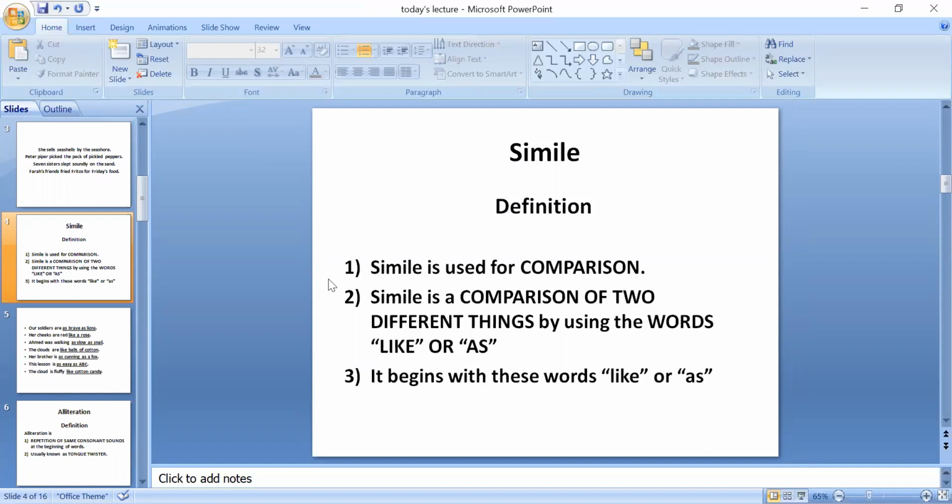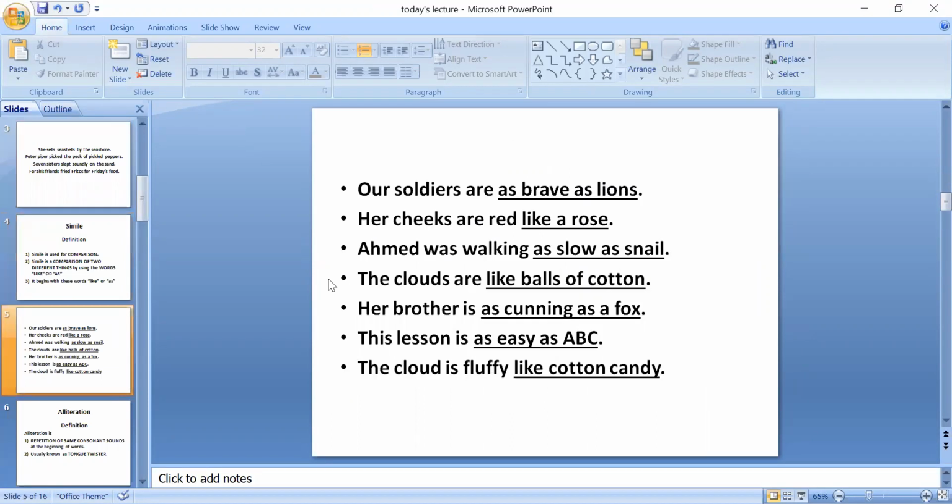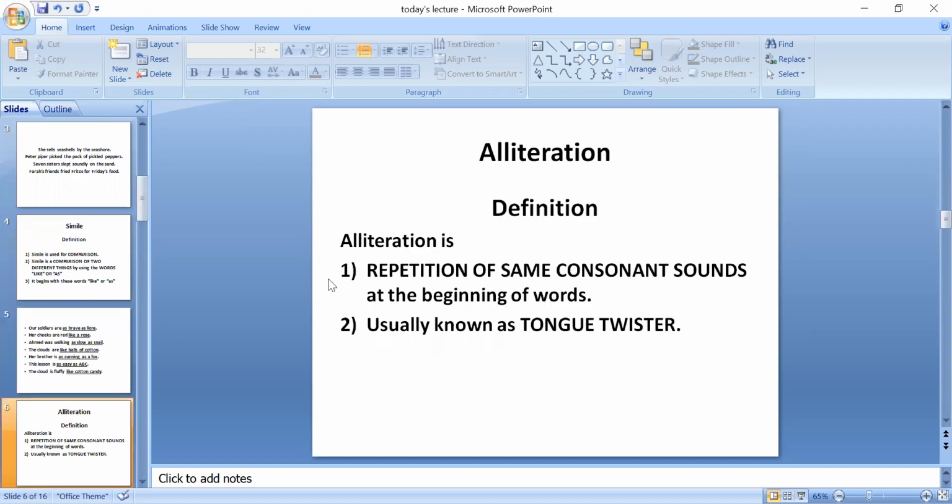I told you that simile is used for comparison. We compare two different things, as soldiers and lions. These are two different things. Cheeks and rose, two different things. And alliteration is actually repetition of consonant sounds at the beginning of words. It can be in a sentence, it can be in a phrase.